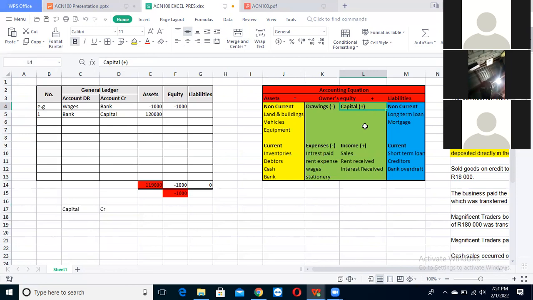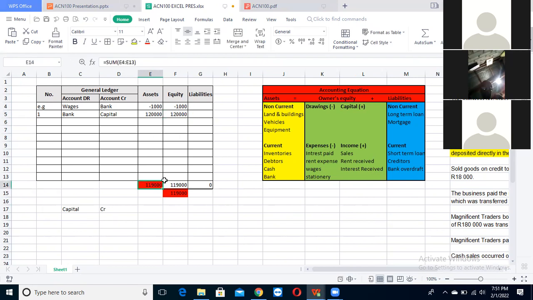So capital is increasing the owner's equity. When it increases the owner's equity, we go under the equity column and we put the amount of 120,000 to show that we are increasing the account. And then we move on to the next transaction.